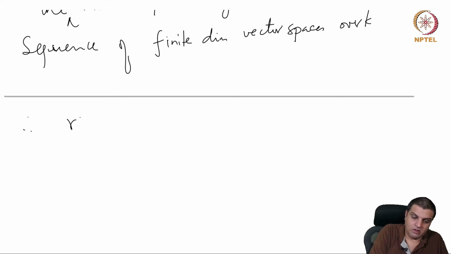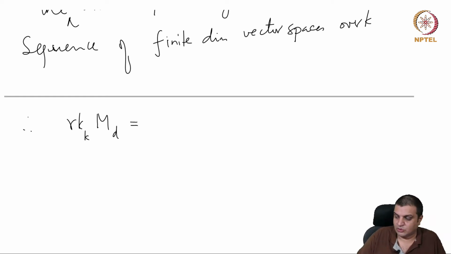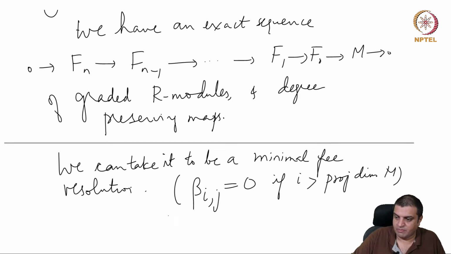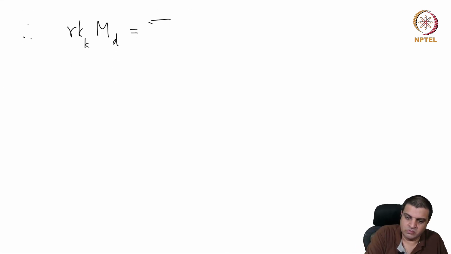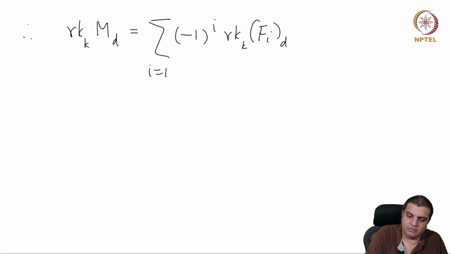Therefore the rank over K of M_d is the alternating sum: the rank of this in degree d, minus the rank of this, plus the rank of this, minus the rank of this, and so on. That is, the sum of (-1)^i times the rank over K of F_i in degree d.